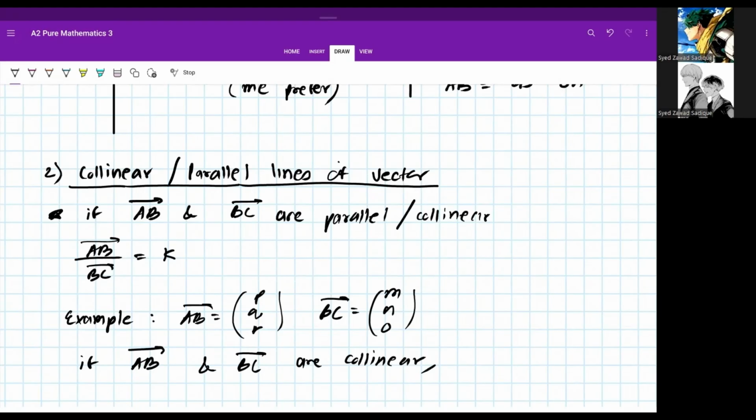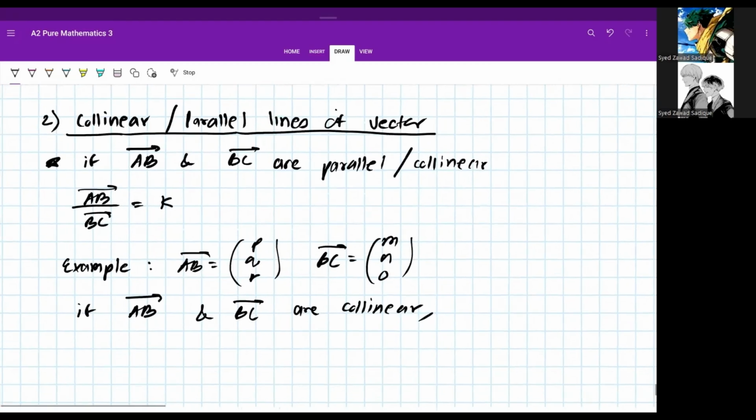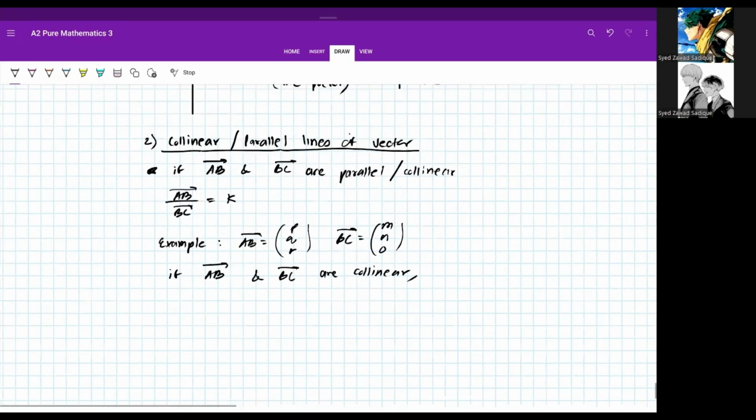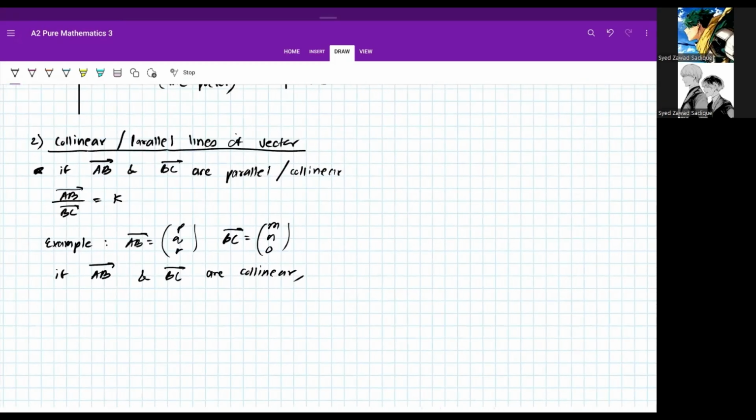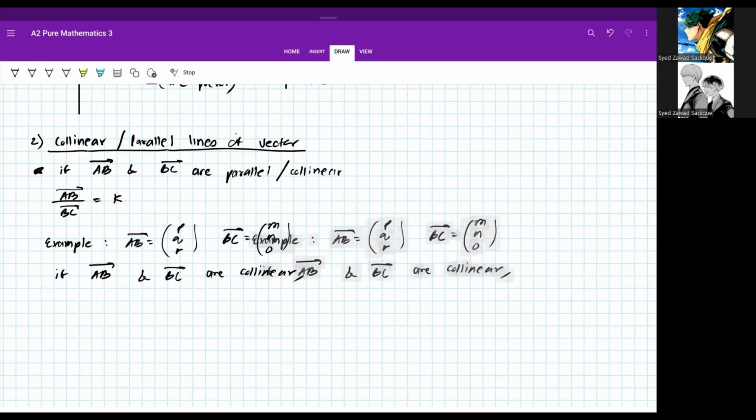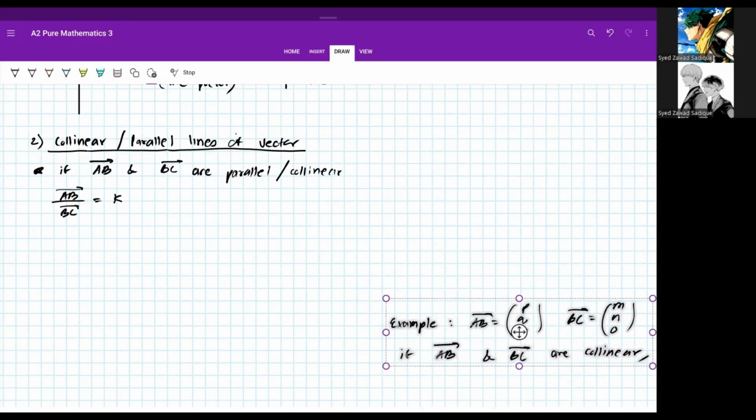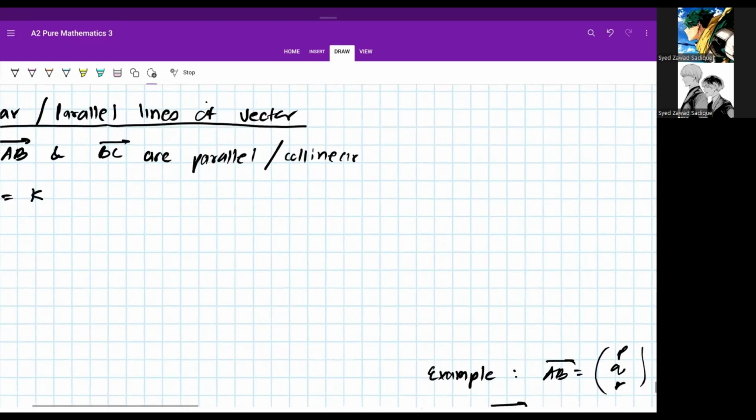Actually, I forgot to mention something. If AB and BC share a point, they can't just be parallel, they have to be collinear. Sorry guys, nothing's wrong, I just forgot to mention something. So what is collinear?